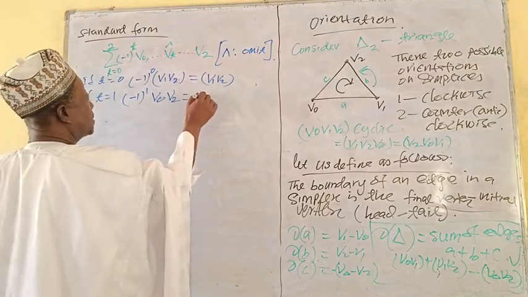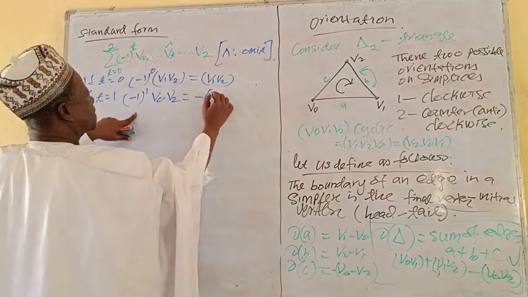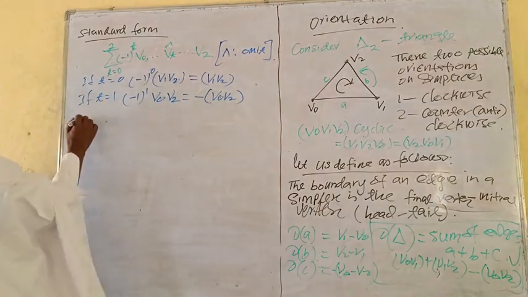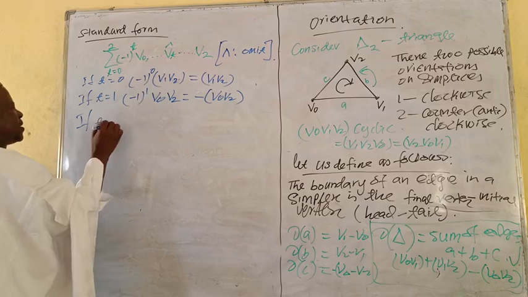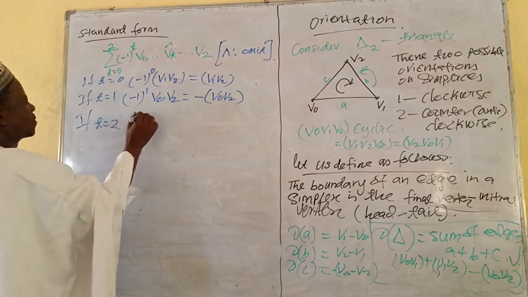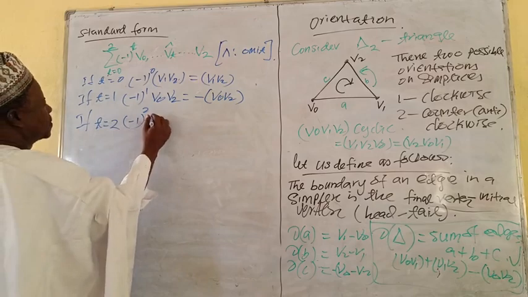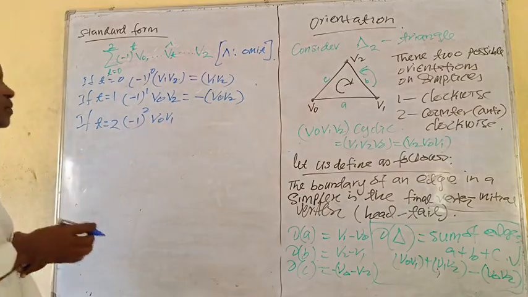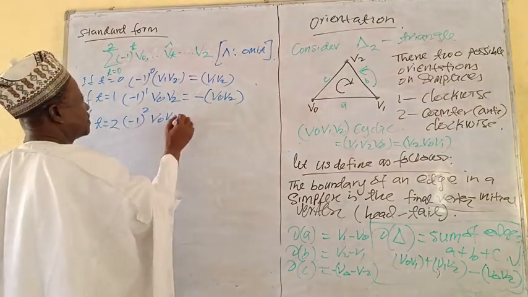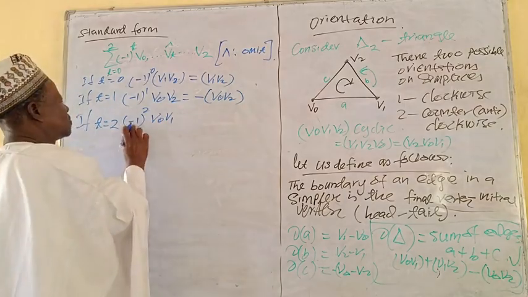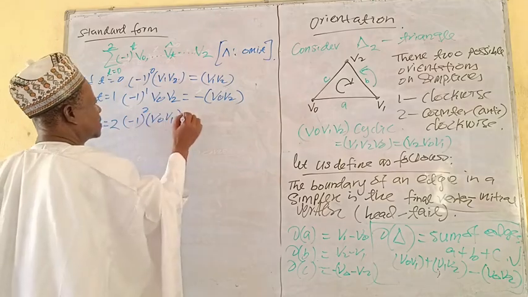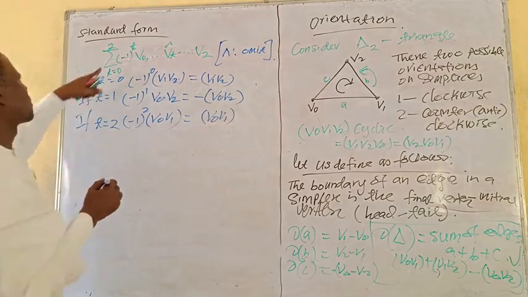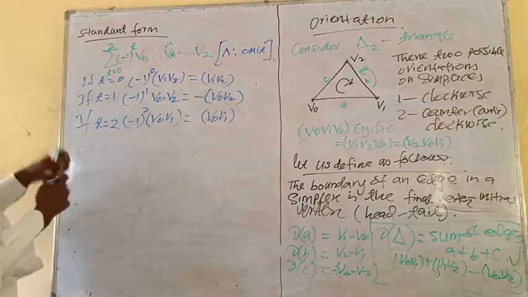So it's going to be minus B0, B2. Now, if finally t is equal to 2, you will say minus 1 raised to power 2. You will write B0, you will write B1, you will omit B2. Minus 1 raised to power 2 is plus 1. So this is simply B0, B1.